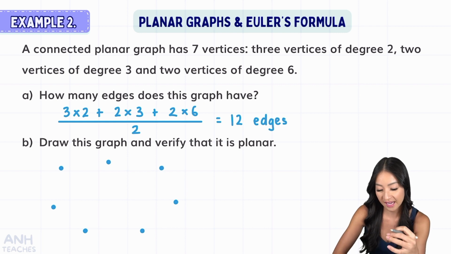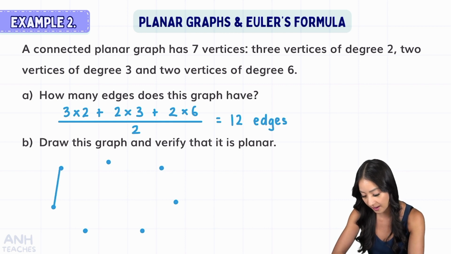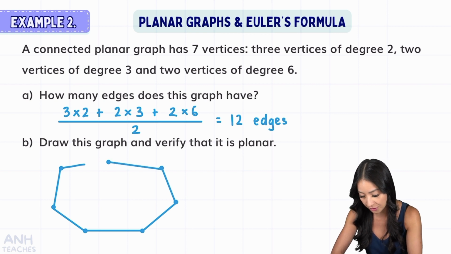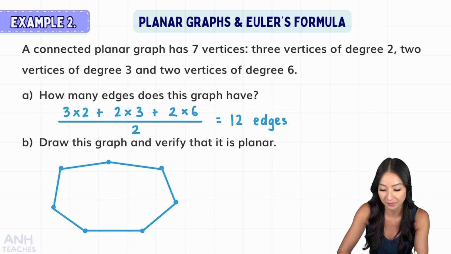And because every single vertex has a minimum degree of 2, I'm going to start by connecting all of the vertices around in a circle like this, because now every single vertex has a degree of 2 and the whole graph is connected.